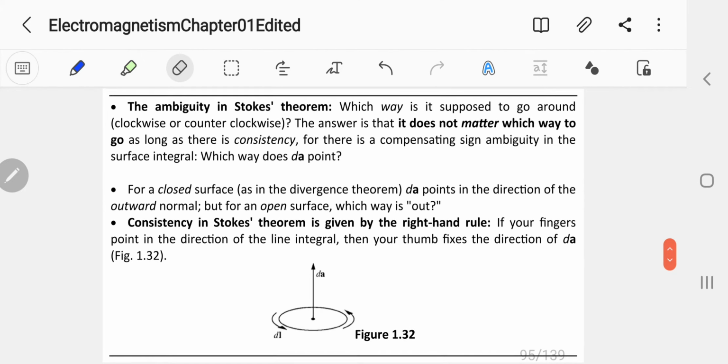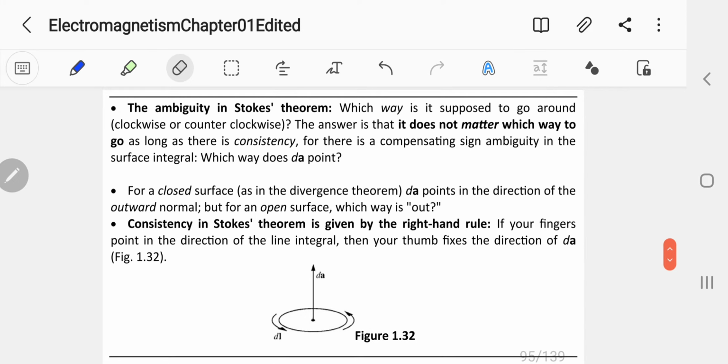By the way, you have to be consistent with your right hand rule, such that whenever you have curl rotating counterclockwise, the direction of your thumb points to the differential surface area. When you use your right hand, your thumb points to the direction of the surface area.